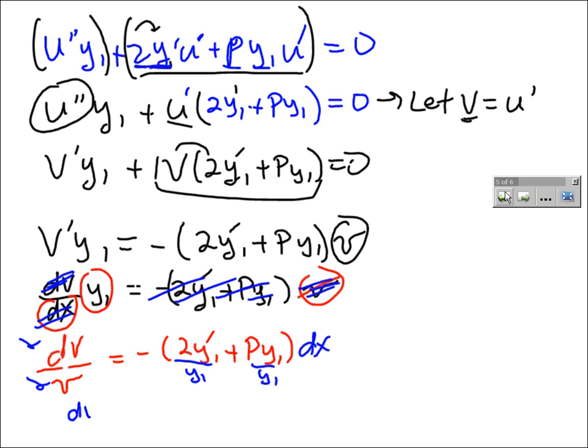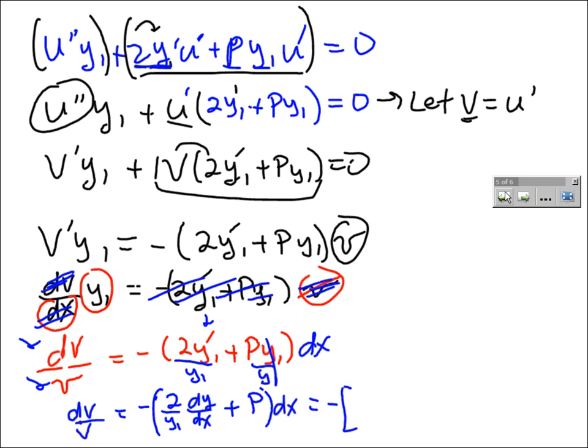So right now, I have dv over v, which I know how to integrate, equal to negative 2 over y1, y prime is dy dx, plus p, the y1's cancel, dx.